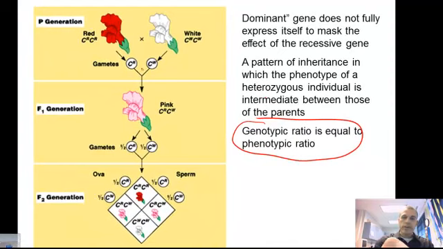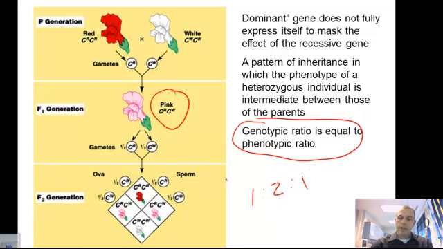As you can tell here, we have our initial cross between the two parents, the purebreds, and then in the F1 generation we see all pink, the combination of all the hybrids. Then when you cross all the hybrids, you get the 1:2:1 ratio, and that ratio is now the same for genotypic and phenotypic ratio.